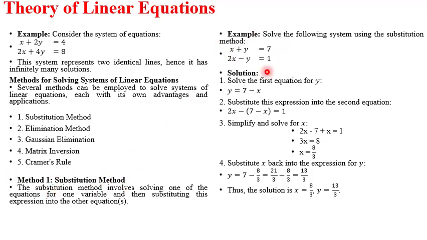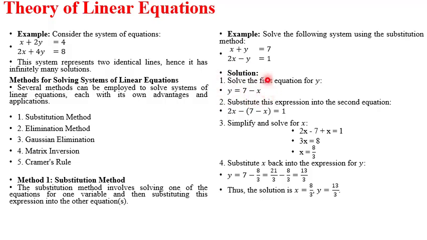When you have a system of linear equations such as this, with the substitution method, you first solve the first equation and make one of the variables the subject. You substitute for one of the variables. So here you can subtract x from both sides, and you then have y equals 7 minus x.